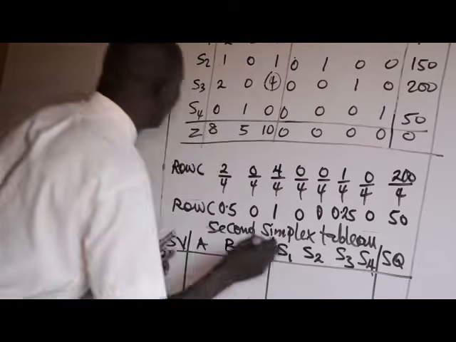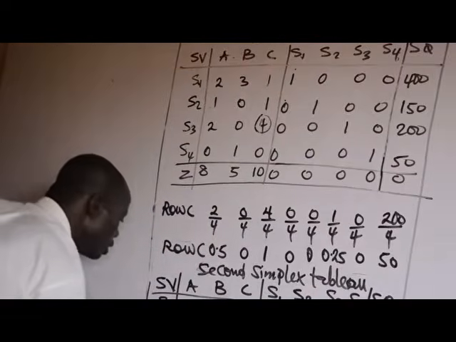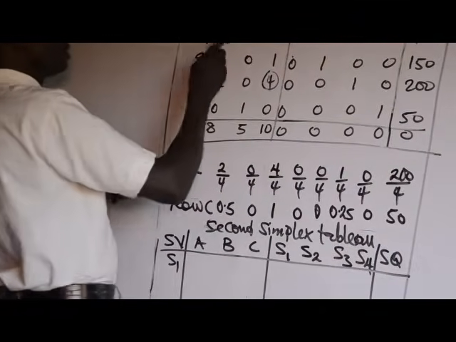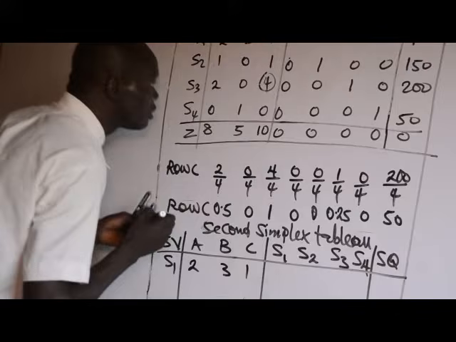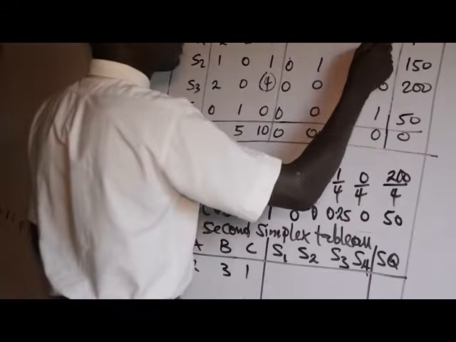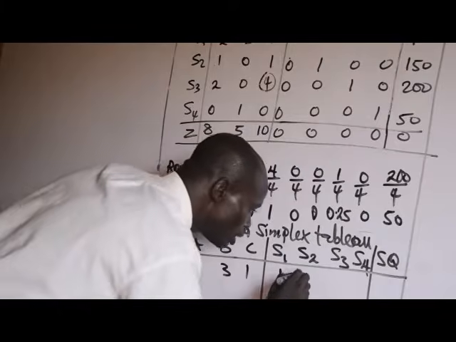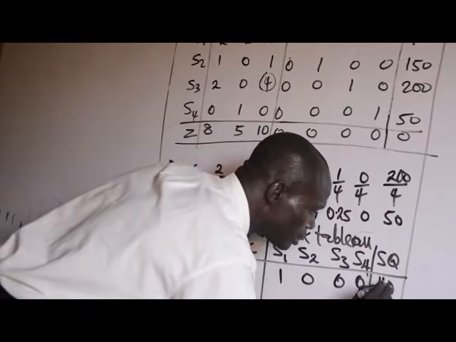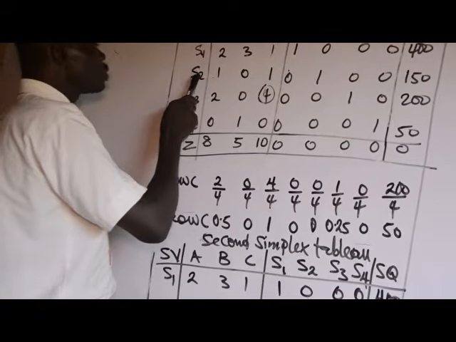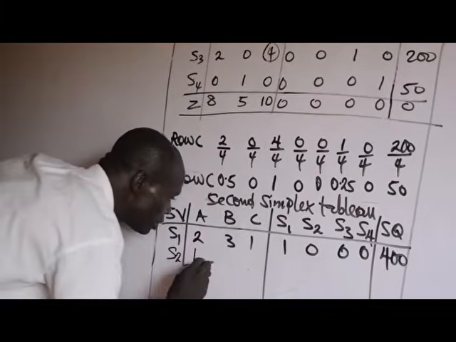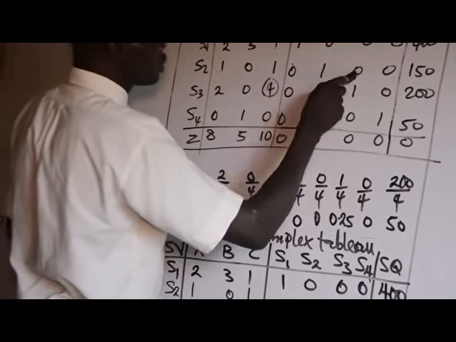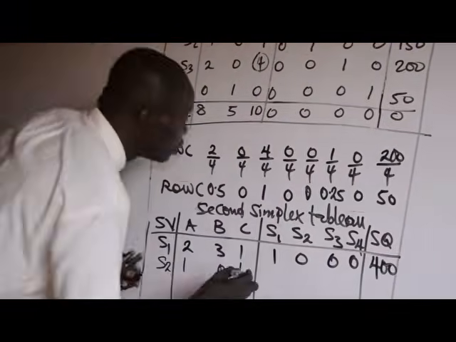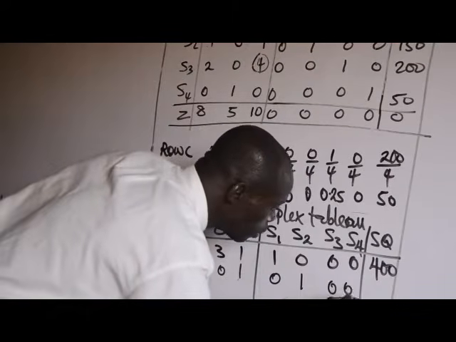So our row S1, we have 2, 3, 1, 1, 0, 0, 0, 400. So row S2, we have 1, 0, 1, 0, 1, 0, 0, 150.